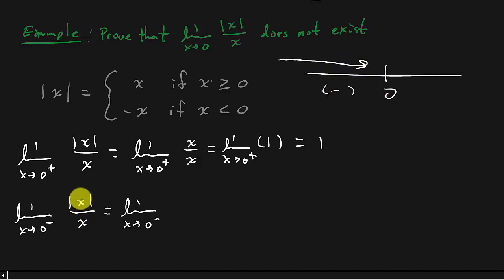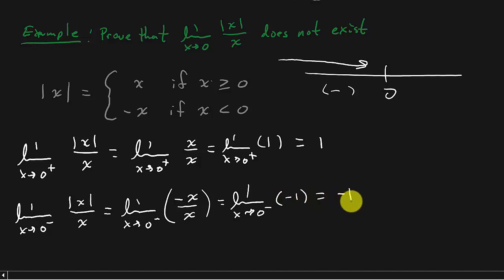So this is a negative number in this absolute value. x is a negative number. And if x is a negative number or less than 0, then the absolute value is equal to what? Negative x over x. You see that? And so this is the limit as x goes to 0 from the left of negative 1. And so this is negative 1.